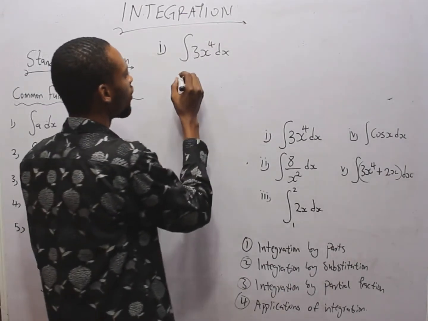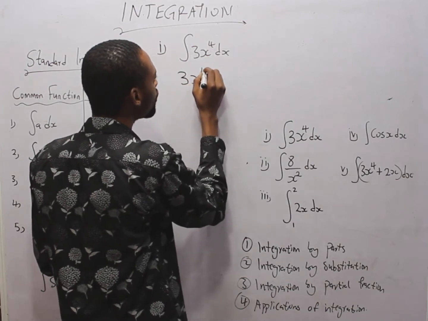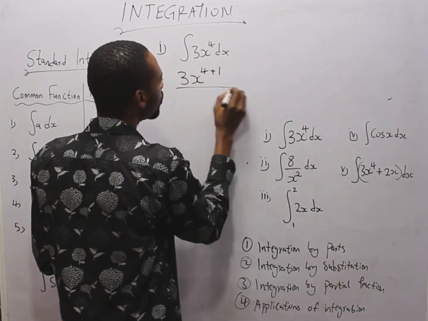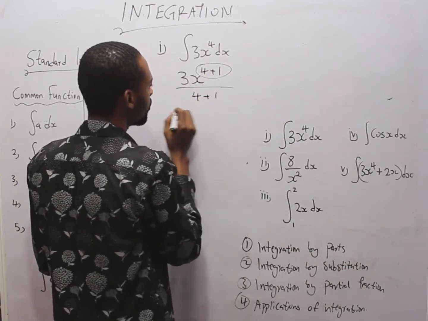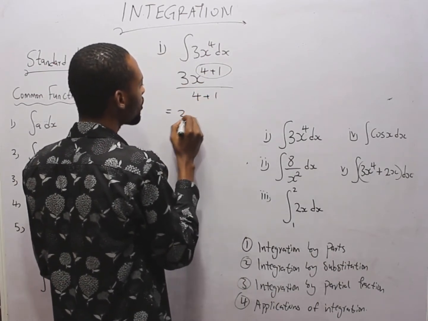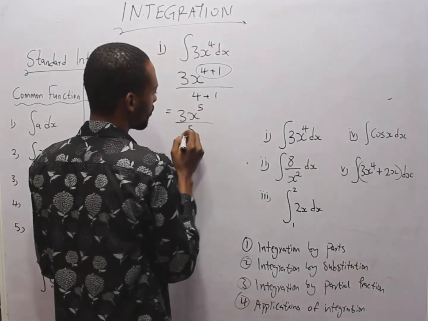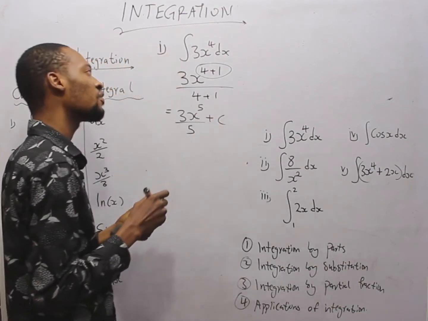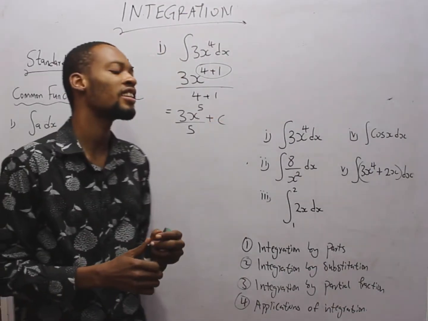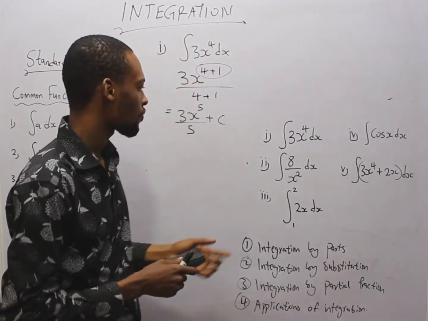This simply becomes 3 s raised to the power of 4 plus 1 over 4 plus 1. This equals 3 s raised to the power of 5 over 5 plus c, to account for the constant that might have been lost when its differentiation was done.